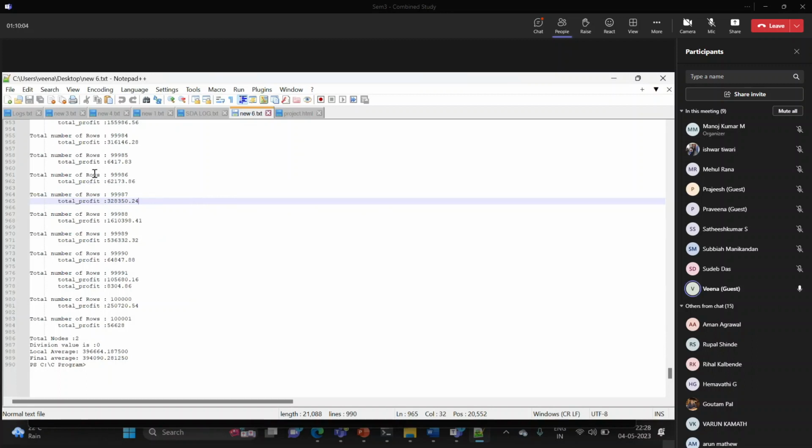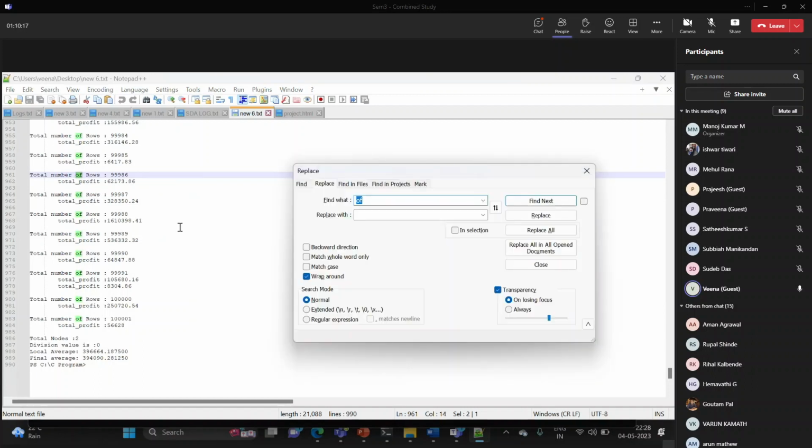For example, I want to replace this arrow with something. Or take this profit. I want to remove this 'of' and put an underscore here. I'm just doing, let's see.